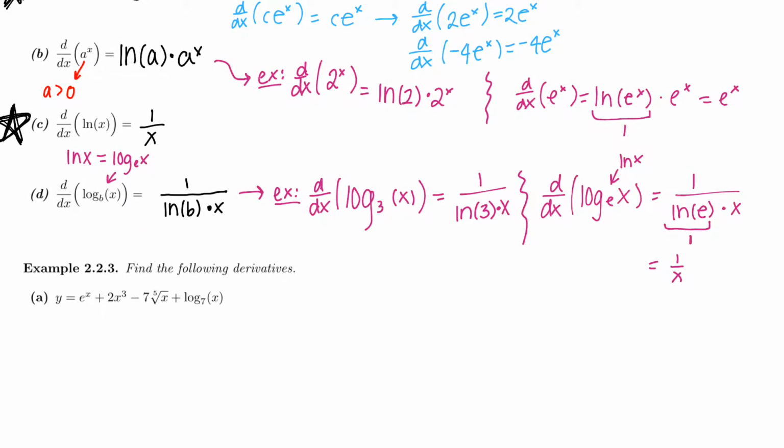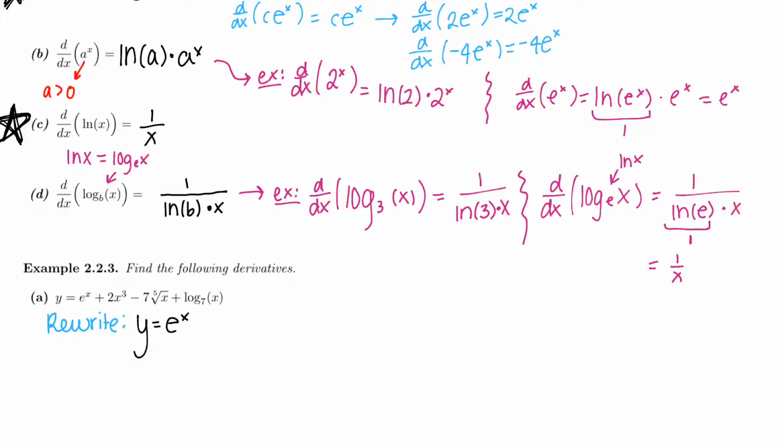All right, so let's put it to work. We have y equals e to the x plus 2x cubed minus 7 times the fifth root of x plus log base 7 of x. We're going to start with rewriting y because we have a radical there and we don't like that radical.